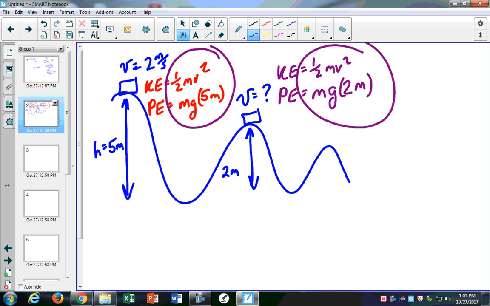And if I were down here at the bottom, you would recognize that the potential energy is 0, because h is equal to 0 there. So those are the two classes of problems you have for Chapter 5: the work-energy problems, figuring out the work done by a force, and the conservation of energy problems, where an object changes position in the gravitational field, with respect to the Earth, and that changes the amount of potential energy it has.